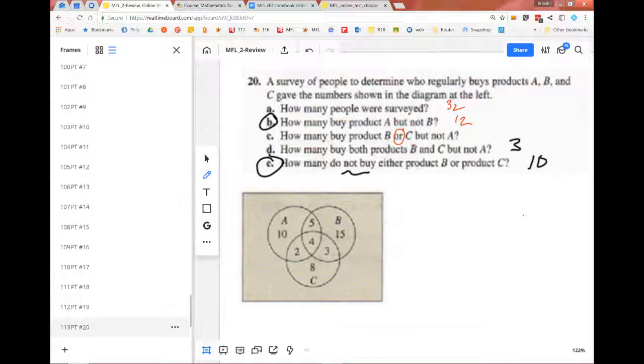Nope. It's union, right? Yeah, or is union and is intersection. So you really need to do B union C. Well, doesn't that just become all of this stuff?